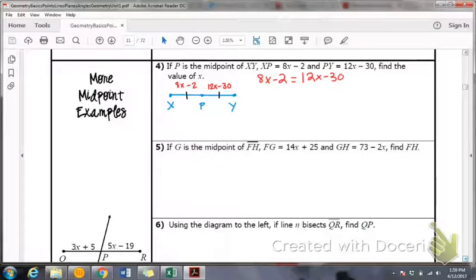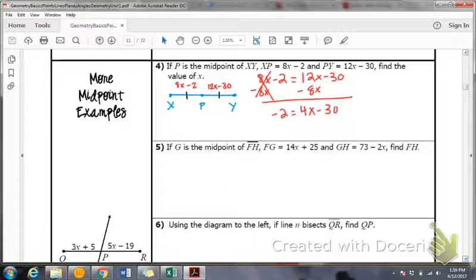We'll talk about that tomorrow. So you have 8x minus 2 equals 12x minus 30. Do we remember how to solve this? I hope so. Not factor. We don't have an x squared. We're going to put our x's on one side. So let's subtract 8x over. So I have negative 2 equals 4x minus 30.